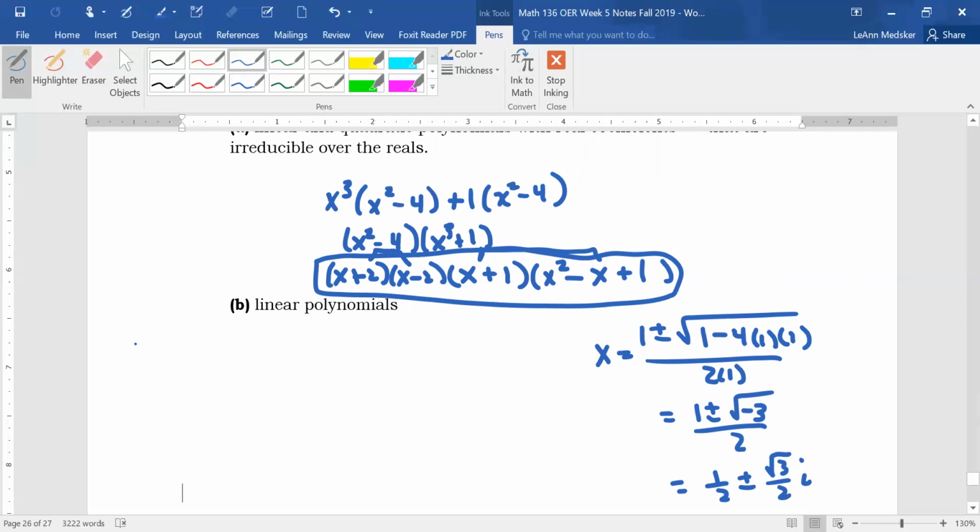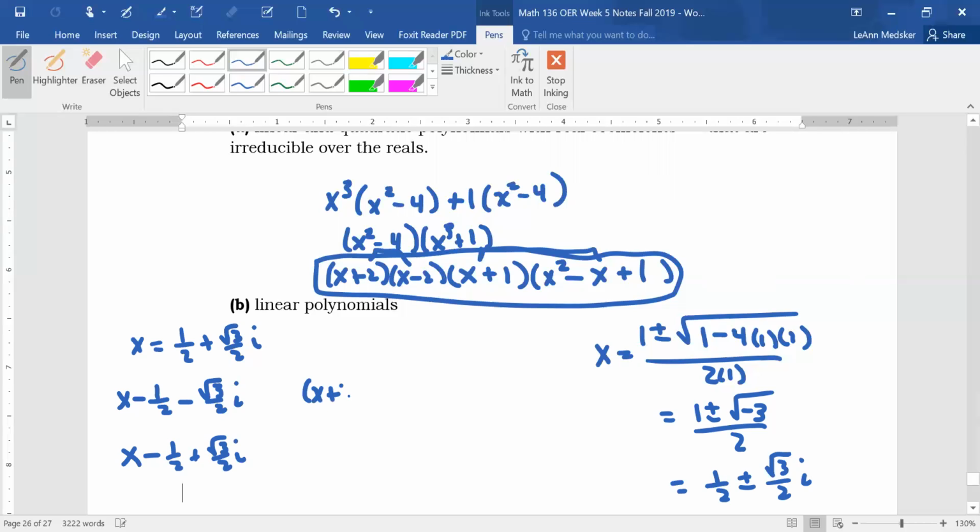So remember, if we're going to turn those into factors, imagine writing them out and solving everything back over to the left. So x minus 1/2 minus square root of 3 over 2 i. The other one will be x minus 1/2 plus square root of 3 over 2 i. So we're going to replace that trinomial at the end with those two factors.